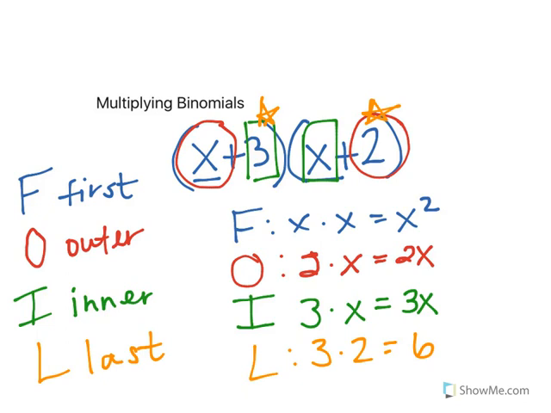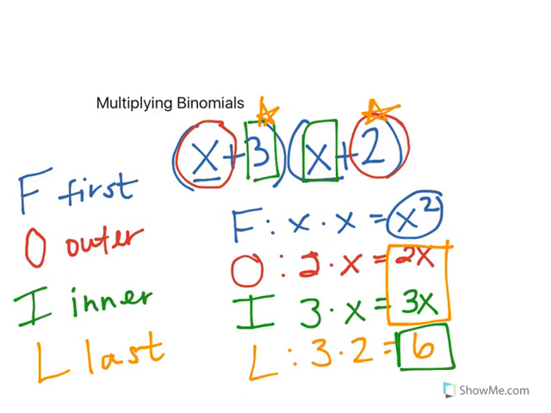And the formatting for this, your first term is usually going to be something squared, like how we have here. Your outer and inner terms are usually going to have an x with them, and they're either going to cancel each other out, or you're going to have to combine them. And your last term is usually going to be a constant. Okay, then you put all of that together.